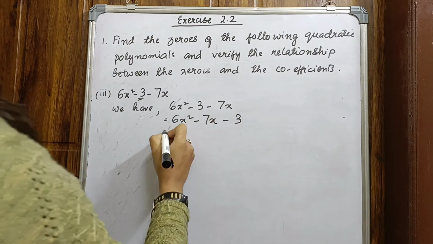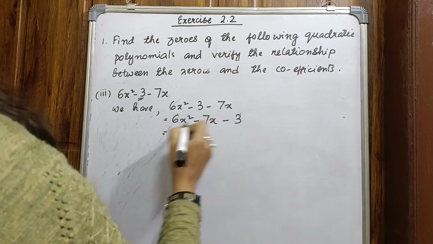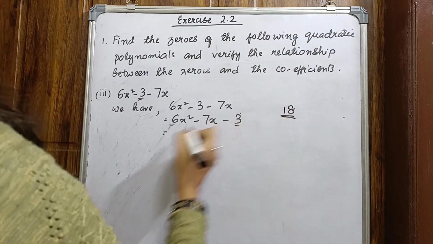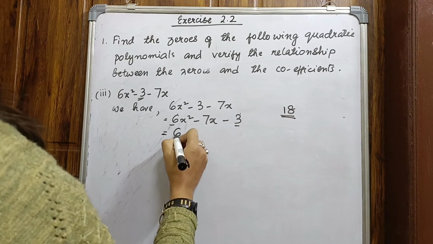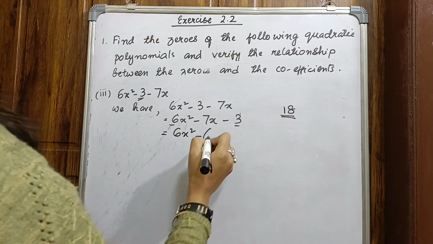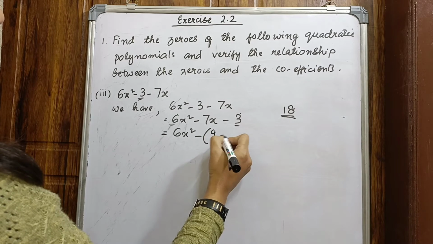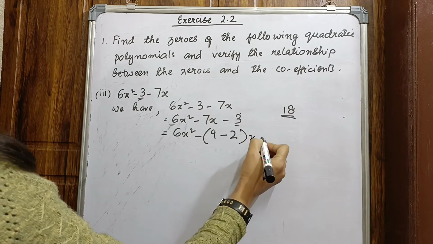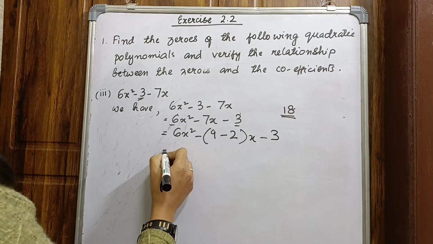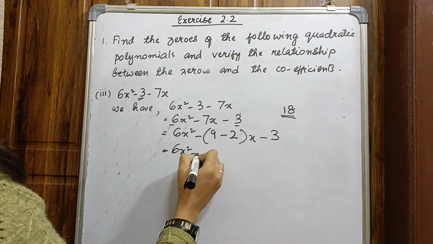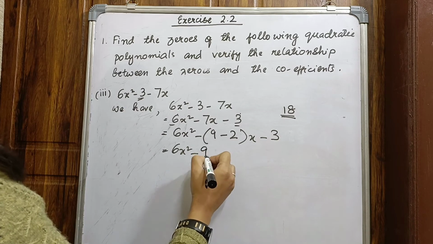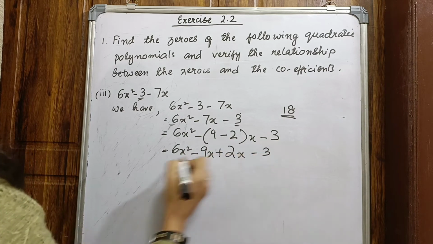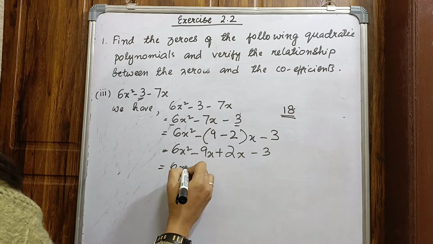Now we have to multiply 6 and 3, which is 18. So 6x square minus 9x plus 2x minus 3.